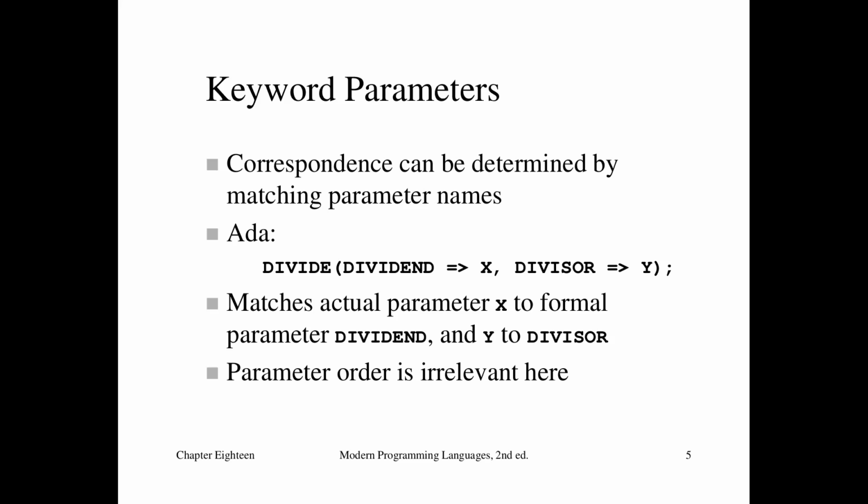So we're matching the actual parameter x to the formal parameter dividend, and the actual parameter y to the formal parameter divisor. As I noted, parameter order is irrelevant when you have this going on.